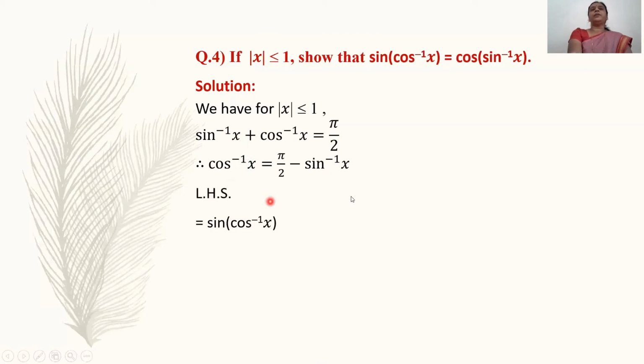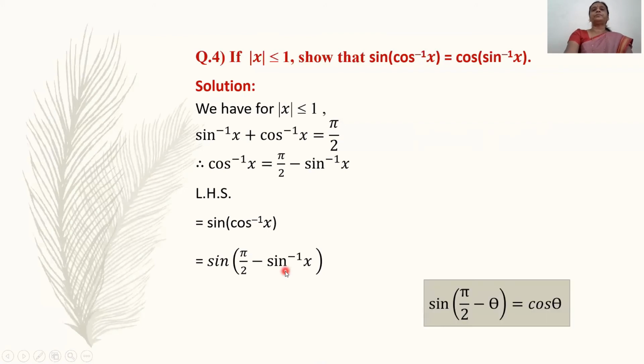Now take the left hand side of the given problem, that is sine of the bracket cos inverse x. Now I will put the value of cos inverse x, pi by 2 minus sine inverse x, here. Therefore, this equals sine of the bracket pi by 2 minus sine inverse x.